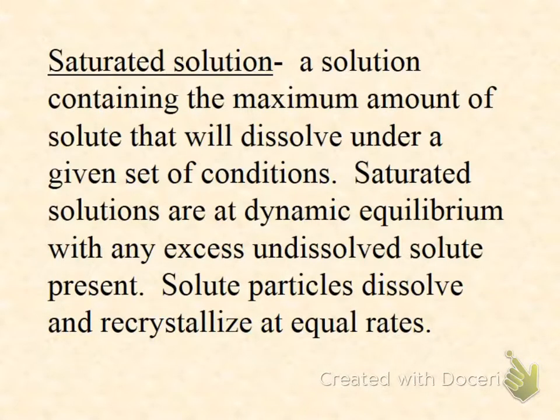A saturated solution, if you remember from Chem 1, is a solution that contains the maximum amount of solute that will dissolve under that given set of conditions. If it is a saturated solution, it is a dynamic equilibrium, with any excess undissolved solute present, usually down the bottom of the container.